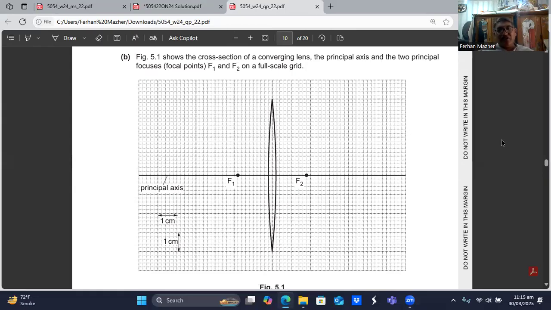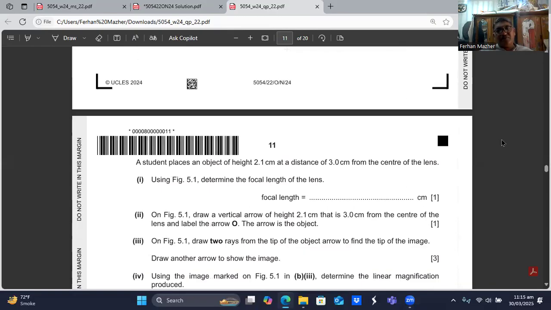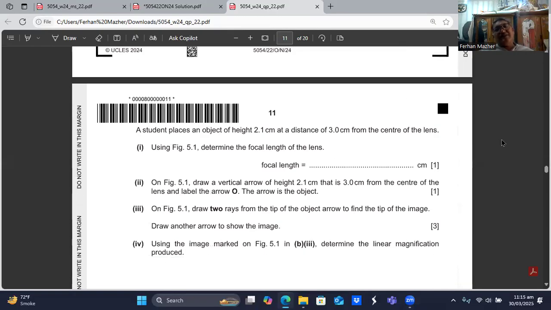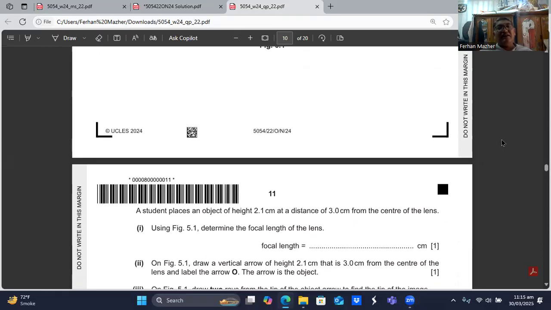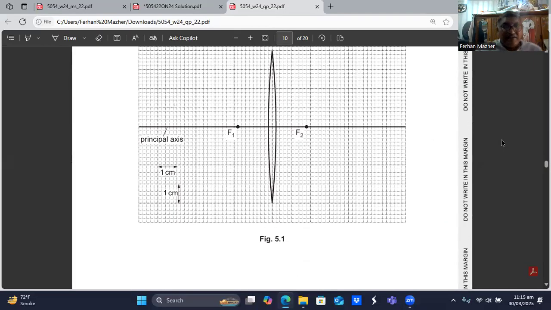So their question is, a student places an object of height 2.1 centimeter at a distance of 3 centimeter from the center of the lens. Using the figure 5.1, determine the focal length of the lens. The focal length here is clearly, this is from the optical center, this is 1 centimeter, 0.2, 0.4, 0.6, 0.8.